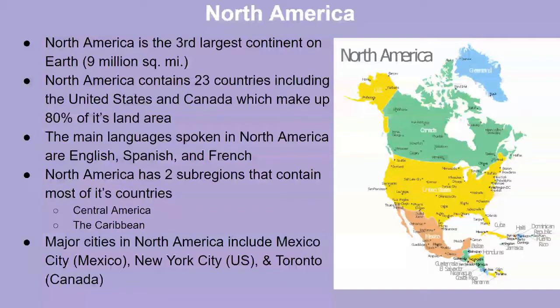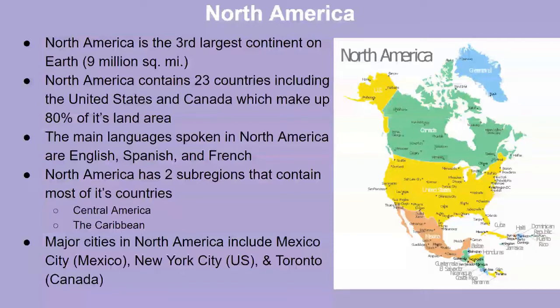And that's basically because 80% of the entire continent is just these two countries. These are two of the world's largest countries. The only country larger than Canada is Russia. So, yeah, a lot of times people kind of don't notice that there's a whole bunch of other countries in these two sub-regions of North America, which you do need to be aware of.